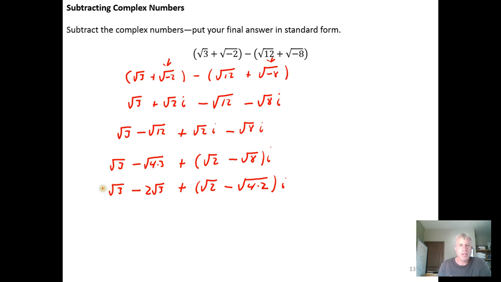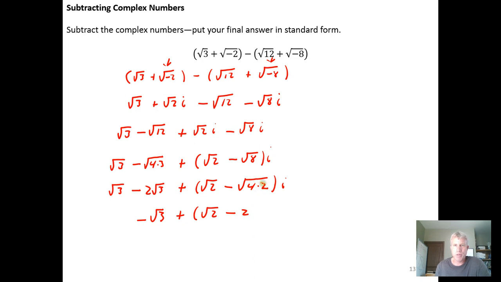Here I have 1 square root of 3 minus 2 square roots of 3, and 1 minus 2 is going to be a negative 1, so 1 root of 3 minus 2 roots of 3 is going to be negative square root of 3, simplifying those two terms. Plus, I have the square root of 2 minus the square root of 4, which is 2.